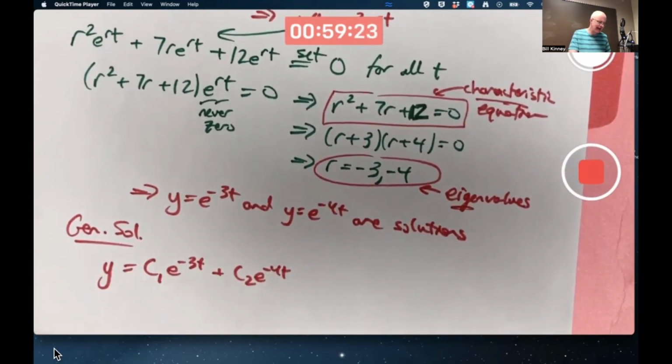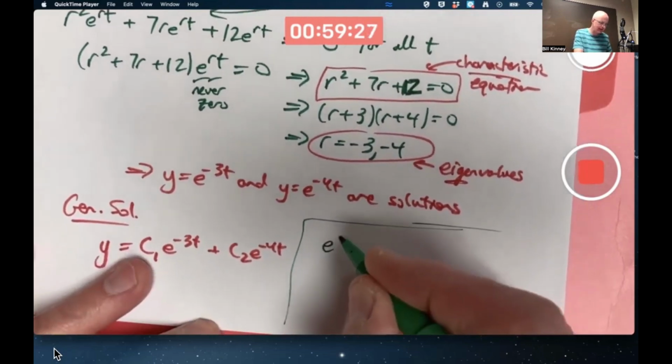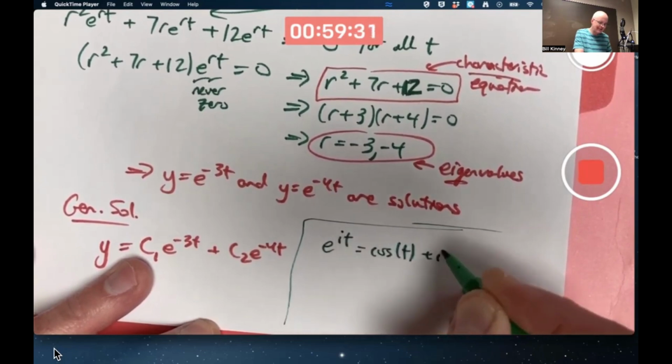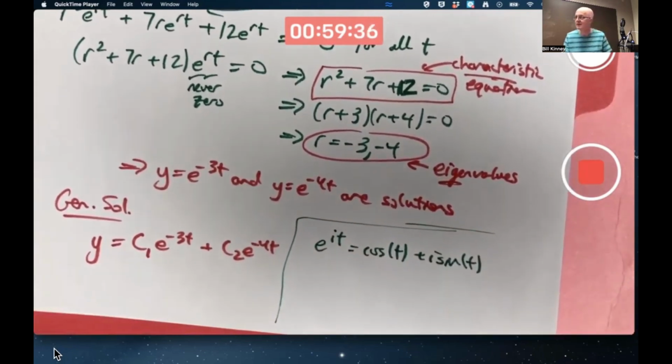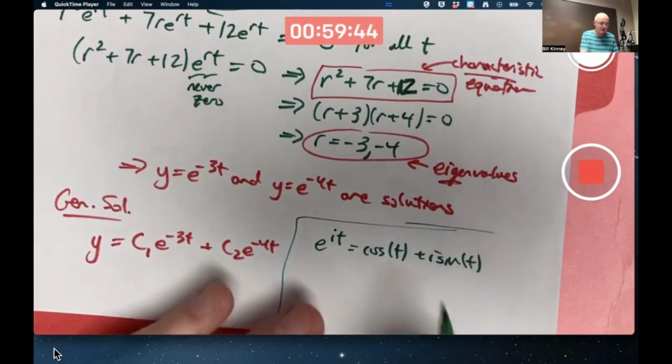It turns out that when you get complex number eigenvalues, you end up using the fact that e to the it is cos t plus i sine t, where i is the imaginary unit, to help you ultimately figure out what the real solution is. It's amazing. I'm not going to show you details.